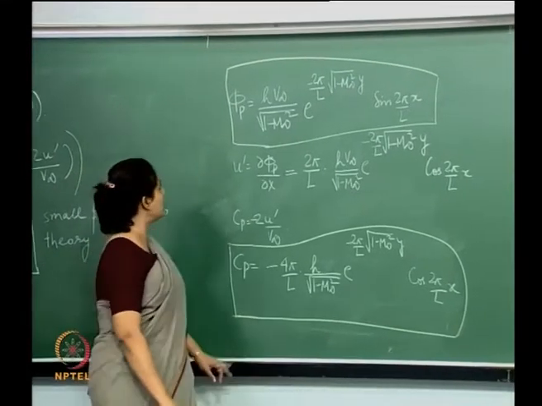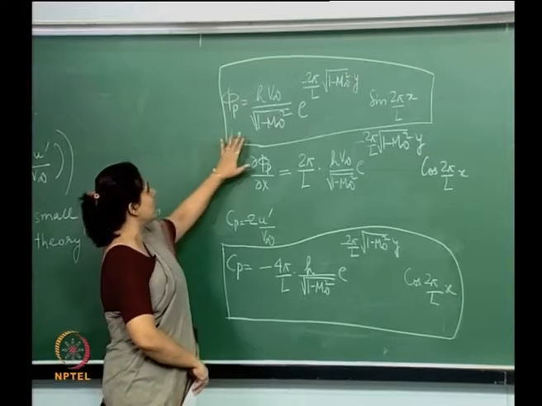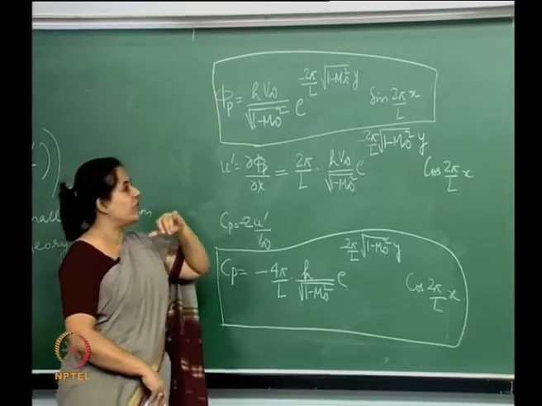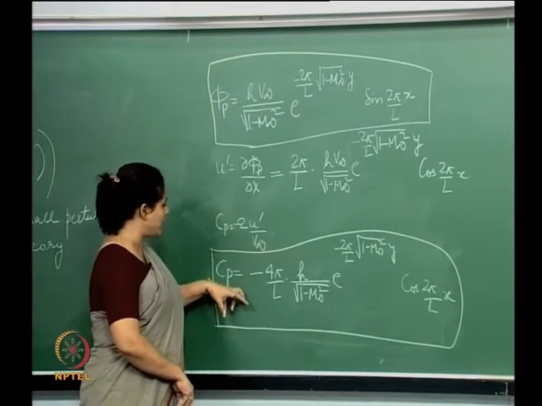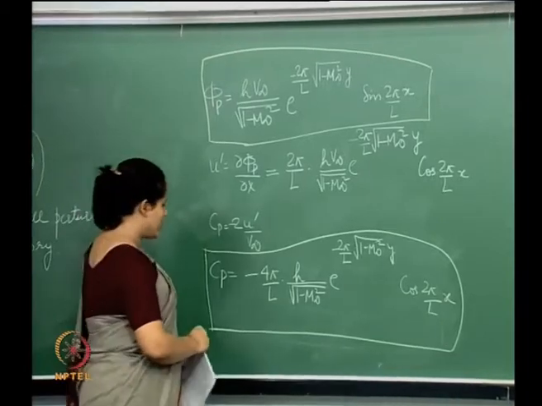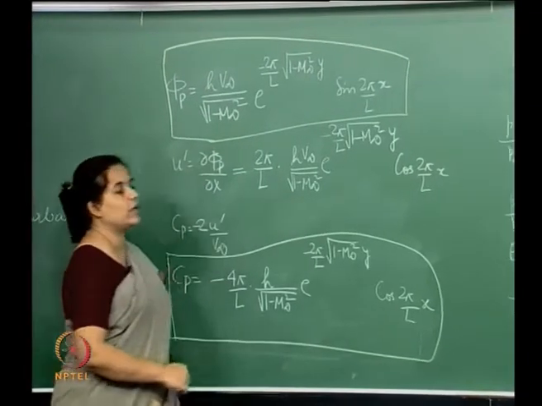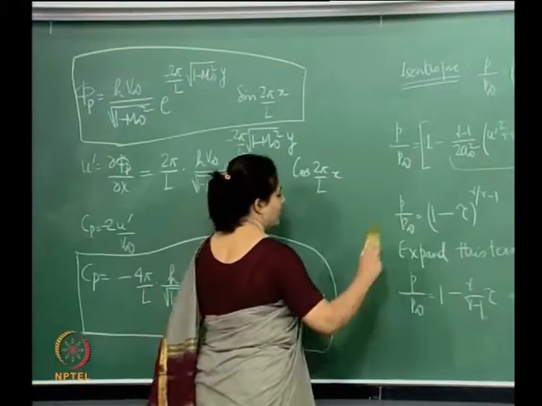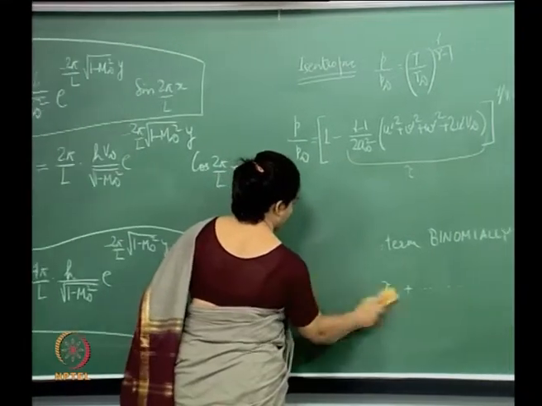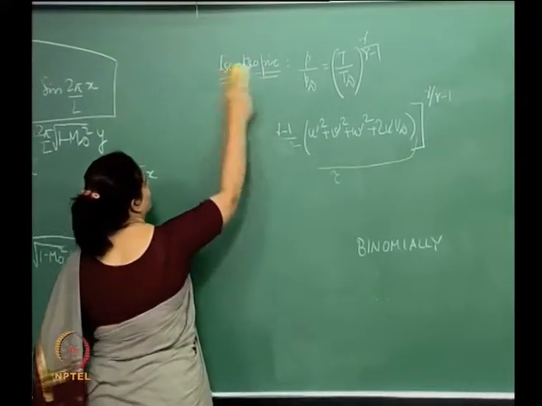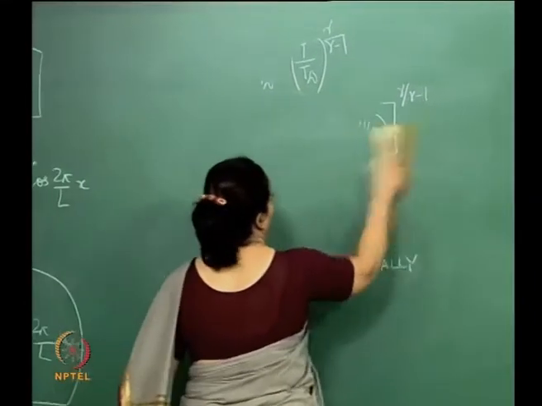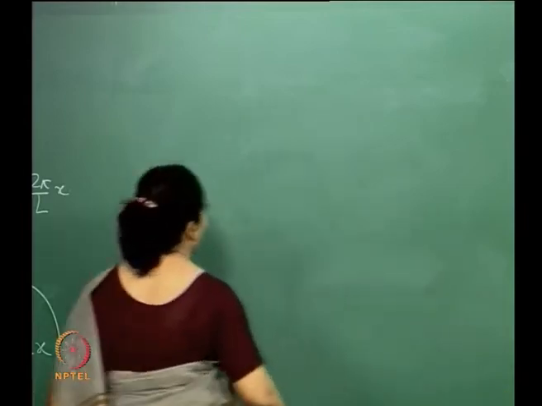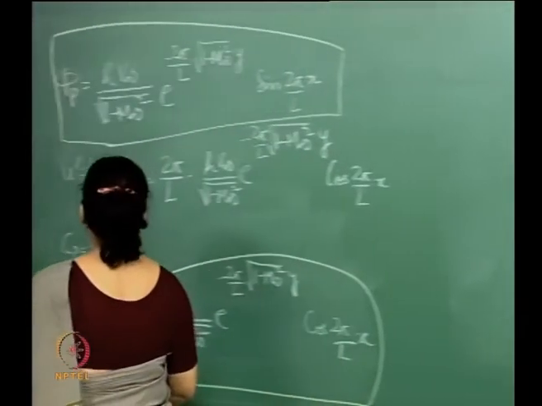Now let us see how this looks like. So this is essentially giving us a feel for the velocities, right, and this is giving us a feel for the pressures. So let us see physically what this actually means. So if I look at this, okay, let us write out one more term in here.